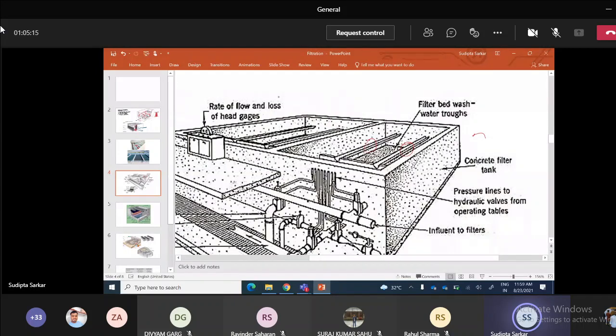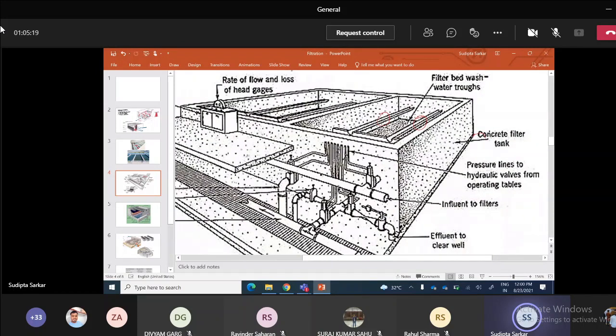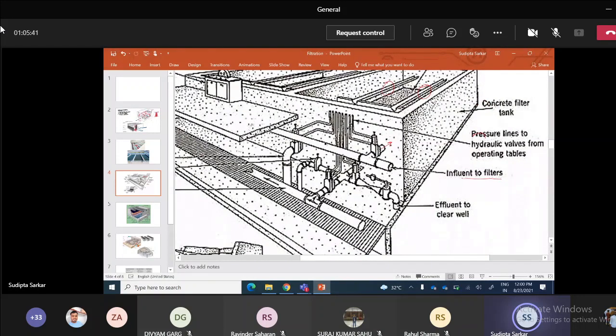And sometimes, this is the pipe which feeds into the gullet channel. This is the influent to the filters, and every filter box will have this type of influent. Below, you can see the clear water comes out and gets collected everywhere, and this is the effluent to the clear water well.